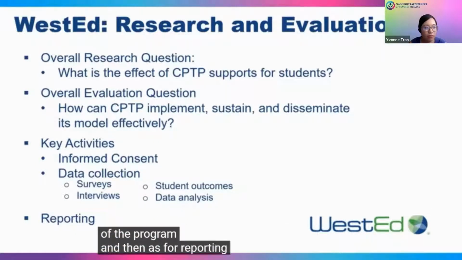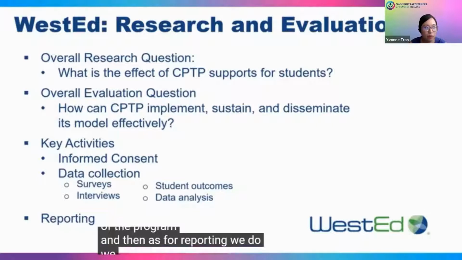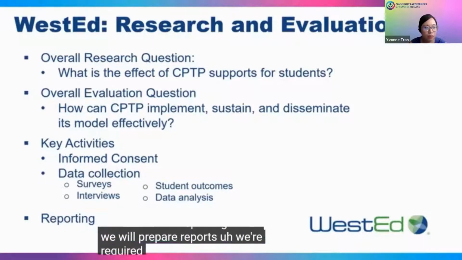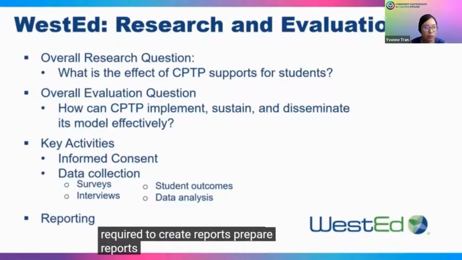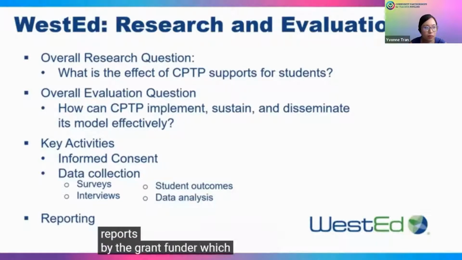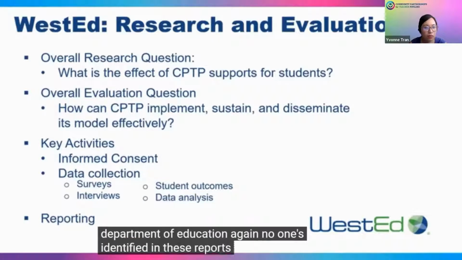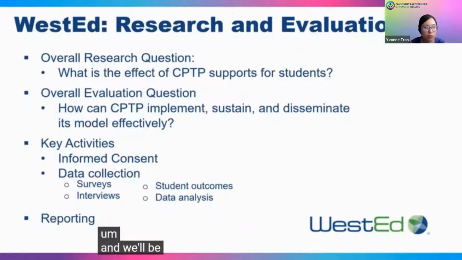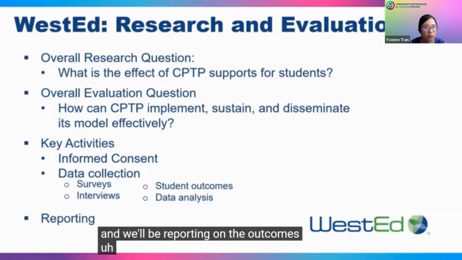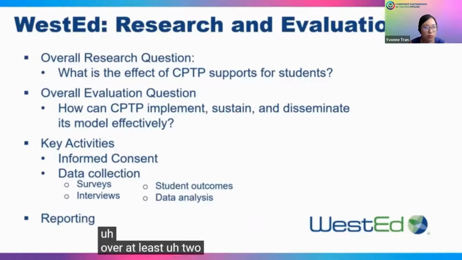And then as for reporting, we will prepare reports. We're required to prepare reports by the grant funder, which is the U.S. Department of Education. Again, no one's identified in these reports individually. It's all about groups. And we'll be reporting on the outcomes over at least 2 years.